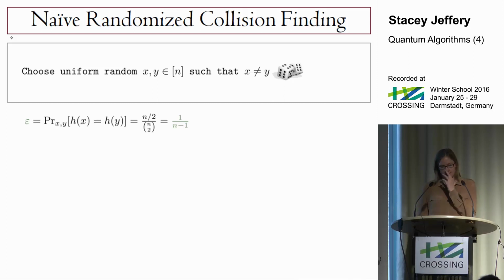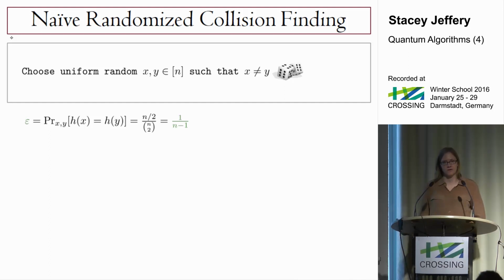Supposing that h is a 2 to 1 function, so every element is in collision with exactly one other element, then the probability that a random x and y are a collision is like 1 over n. So we could see this really stupid algorithm for collision finding as having success probability like 1 over n.